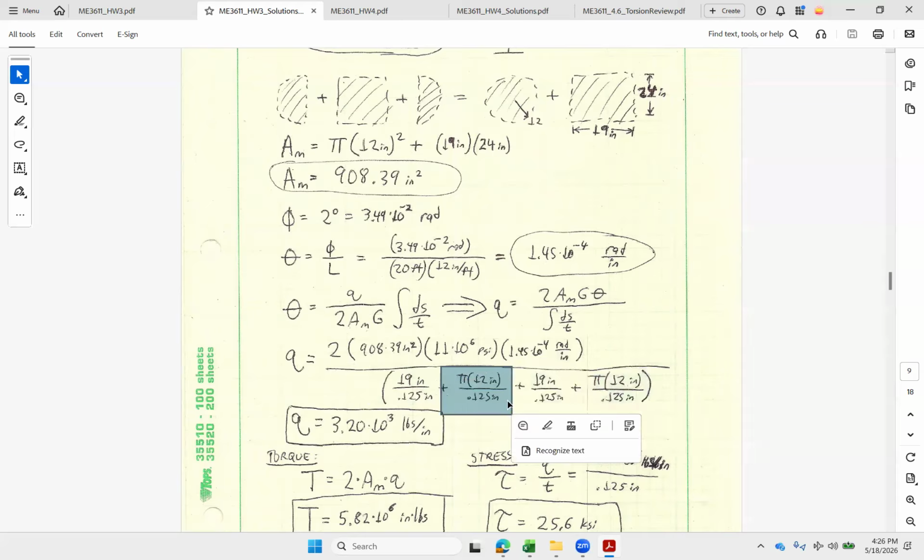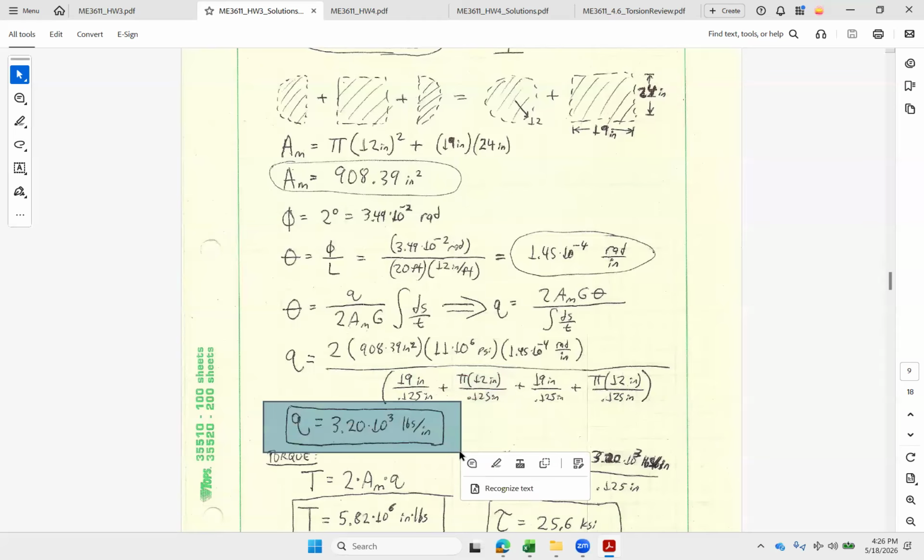Or you could just say 2 pi r and have one of those entries. So Q comes out to 3,200 pounds per inch. That's force per length flowing around. The torque that equates to is almost 6 million inch-pounds that it's going to take to get that realigned.